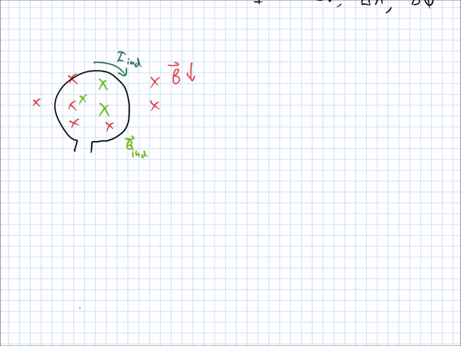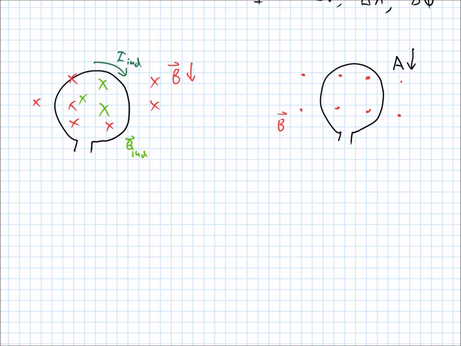So if we have a loop, let's do it right over here. And it's got some area here, and it's got some magnetic field in it. Say we'll go with dots, it doesn't really matter. And the area of this loop is decreasing.